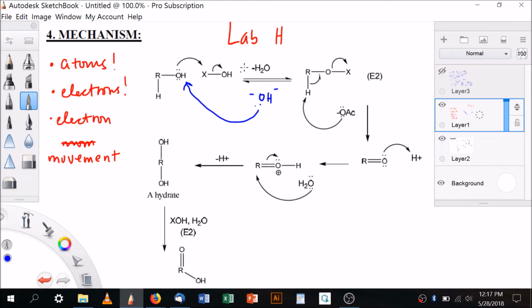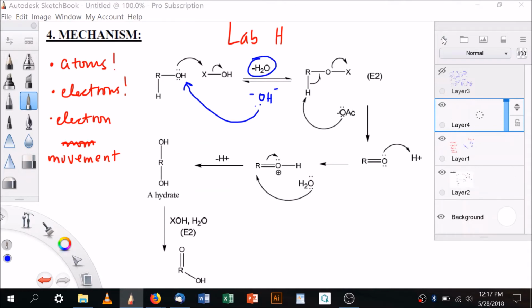So there's really 2 steps that are here. They're implied by showing that, okay? So you can't have this as your whole mechanism because it doesn't show everything. So this hydroxide is being formed, a new bond is being formed between that oxygen and that halogen, and then this hydroxide comes in and takes water. So let me make another layer here. Let me come over here and bring that layer down here.